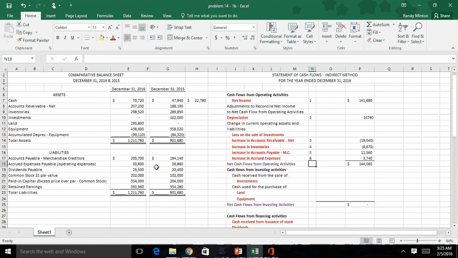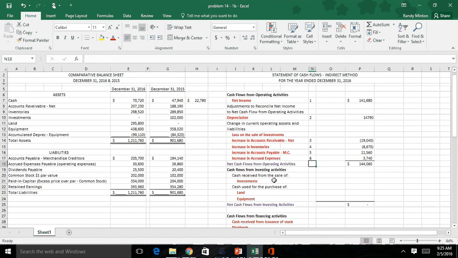If I look at investments up here, I had some investments and now I don't have any investments. They're gone. And if that be the case, since I've sold investments, I have to show those investments in total as coming from the cash flows from investing activities down here.